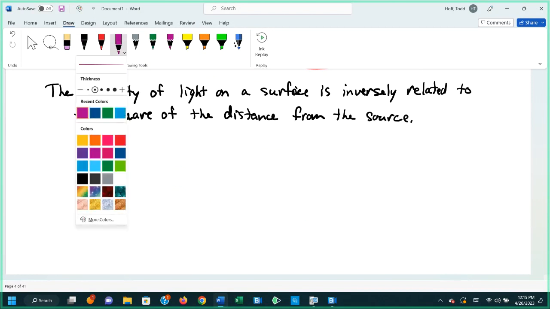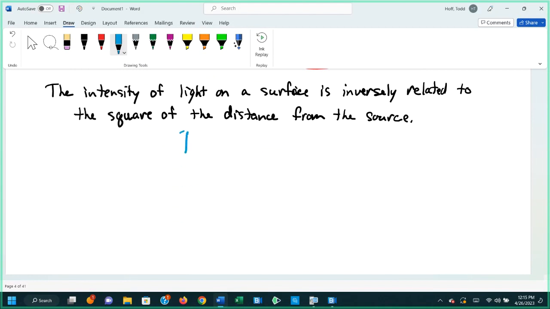So what's this telling us? Intensity, I, is inversely related. So that's K divided by the square of the distance from the source. So that's D for distance squared.